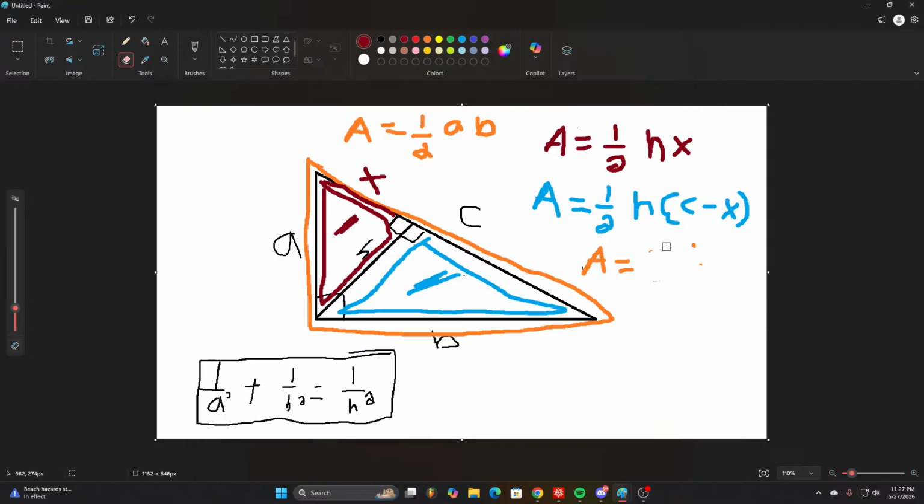So that's going to be the area of the red triangle plus the area of the blue triangle. So let's go ahead and figure this out, shall we? Now, I'm going to erase some stuff before we get to the big reveal.